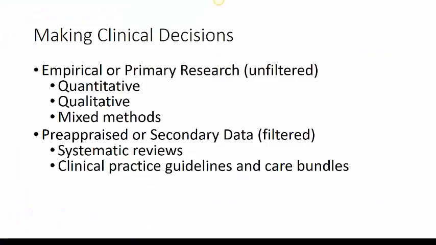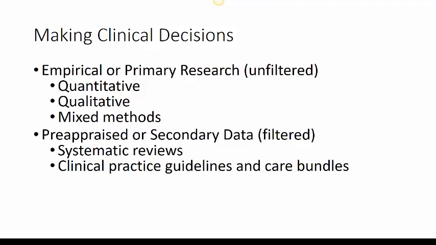In the last couple of weeks, we looked at empirical studies, or studies that you can observe, or where you get data from doing experiments. These are called primary studies, and there can be quantitative research, qualitative, and mixed methods. So far, we've just been concentrating on those empirical types of evidence.